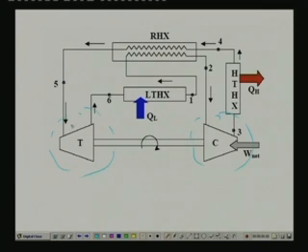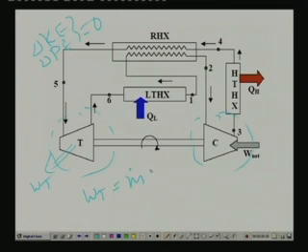If you are applying energy balance across the turbine and neglect delta KE and delta PE, that means delta KE, delta PE are negligible for both the components. Then from energy balance, and this is a reversible adiabatic process, there is no heat transfer. So you find that work output from the turbine is simply equal to m dot Cp into T5 minus T6. This is from the energy balance across the control volume.